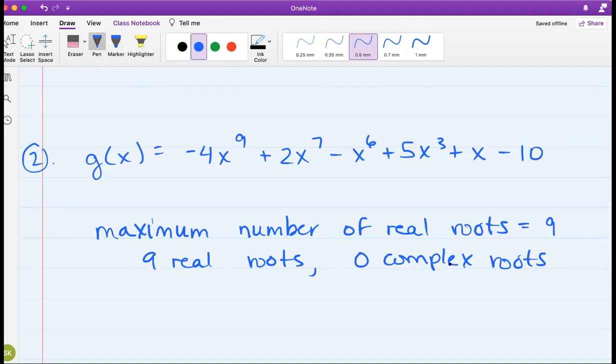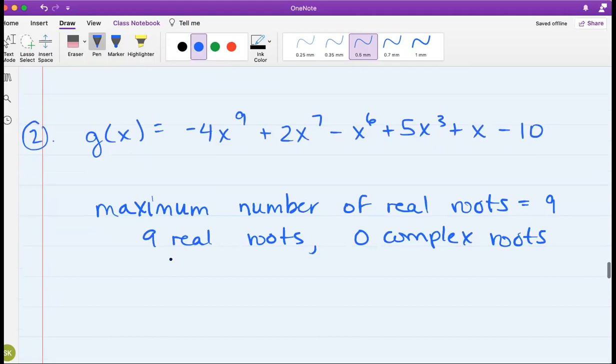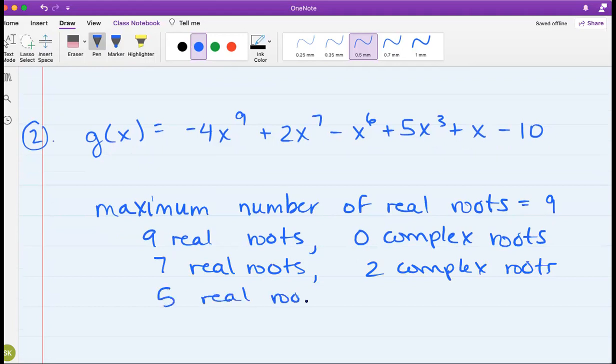But it's also possible that we have complex roots. So we could have, and remember these complex roots come in pairs, 7 real roots and 2 complex roots. We could have 5 real roots and 4 complex roots.